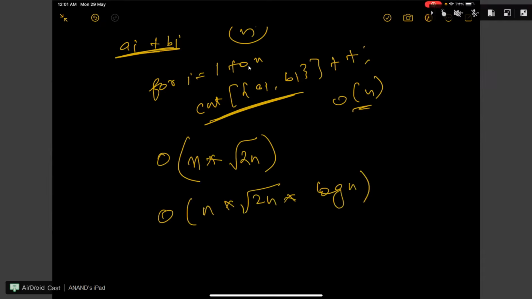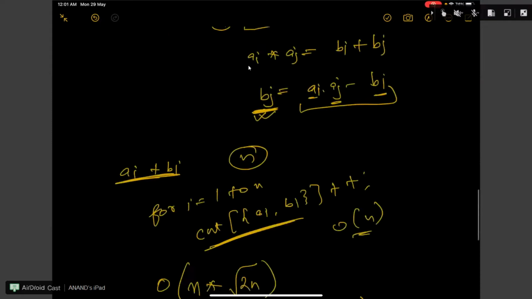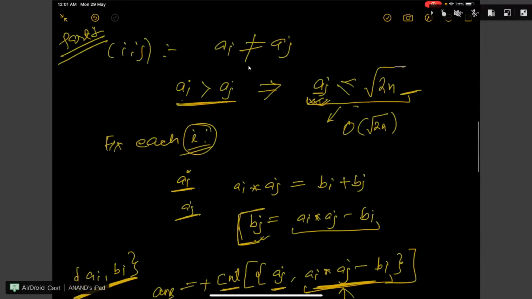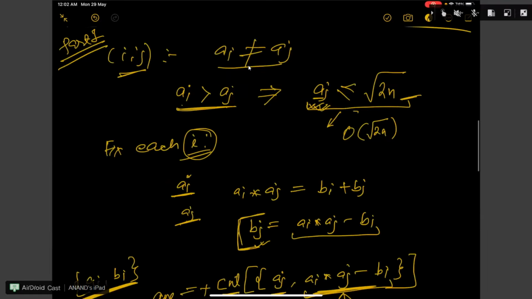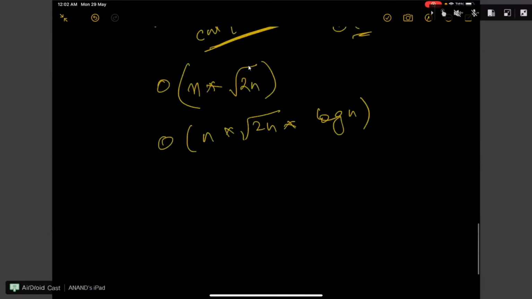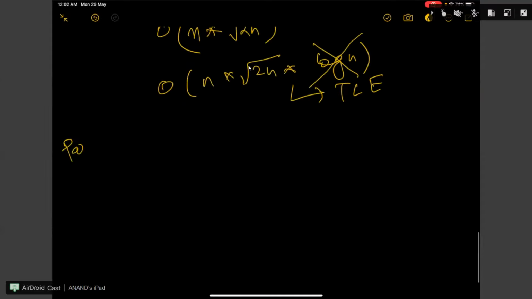This is the time complexity for calculating the first part. Although this will give you TLE, I will tell you how you can remove this log factor. But let's wrap up calculating part 2 first.